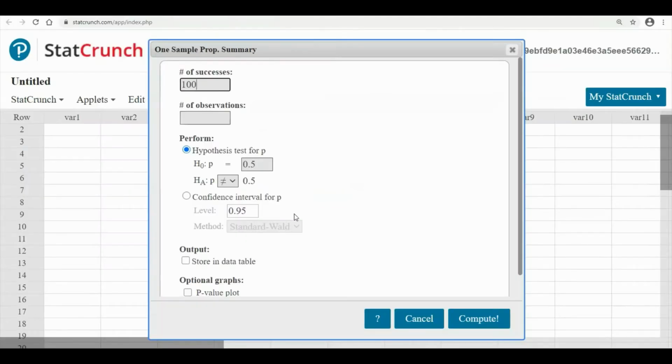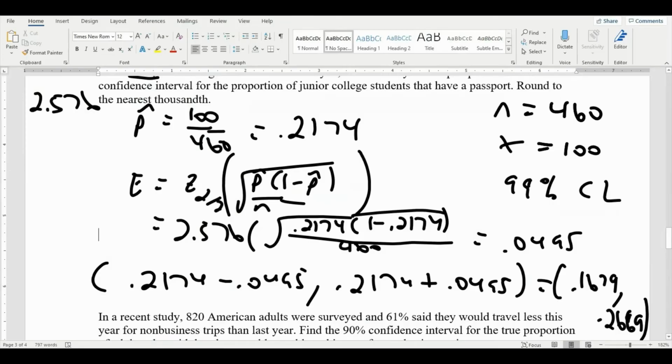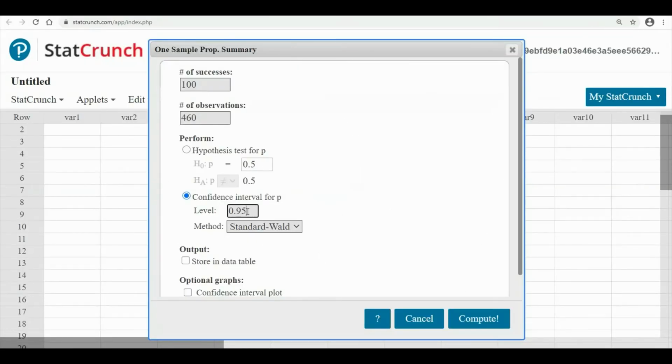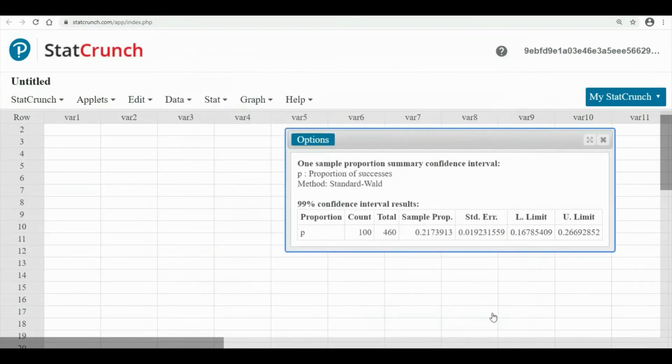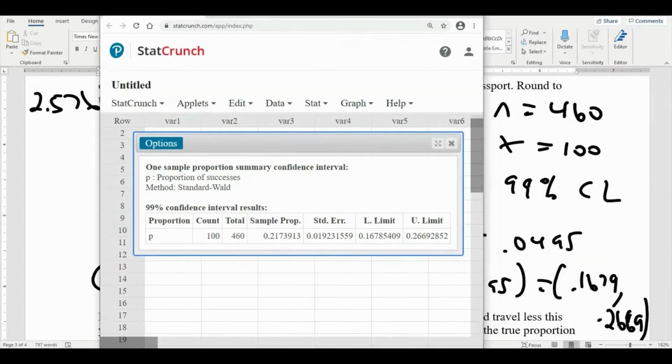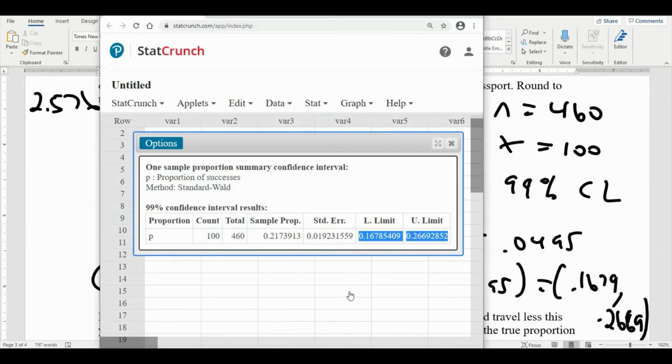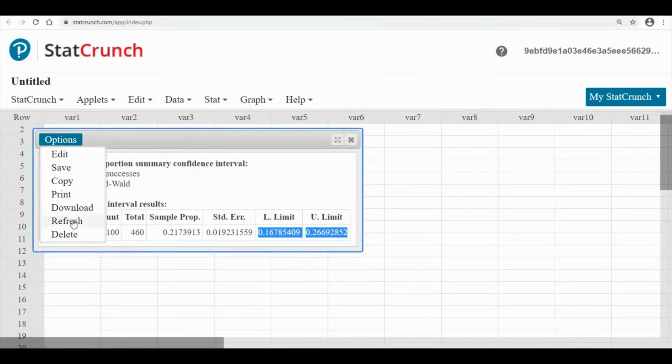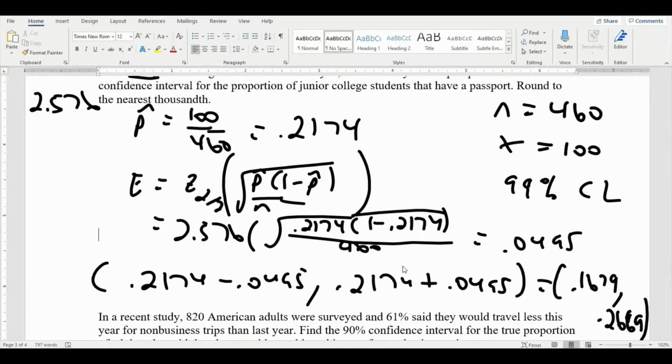N is 460, because that's the number of observations. Confidence level is 0.99. Let's just click compute. Do you see anything? 0.1679 for round off, 0.2669. Do you see those? There could be easier ways. Just want y'all to see that.